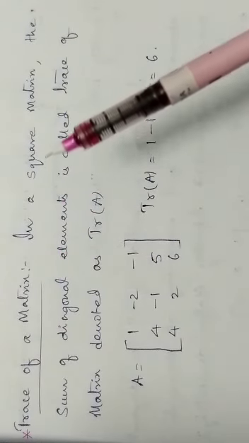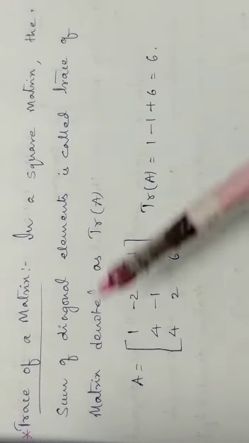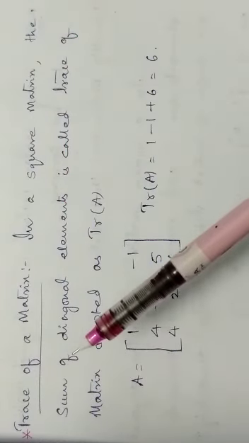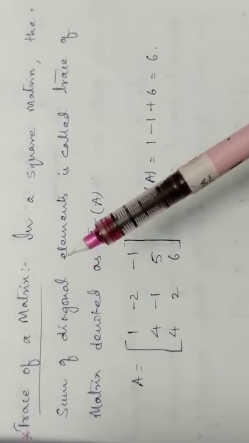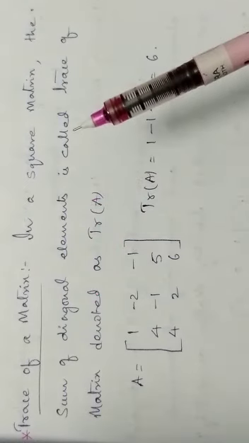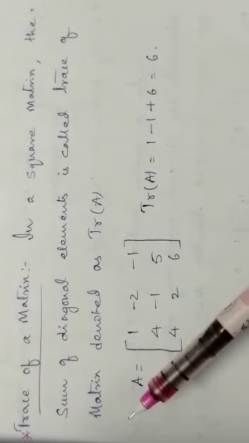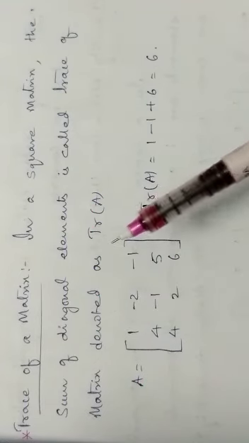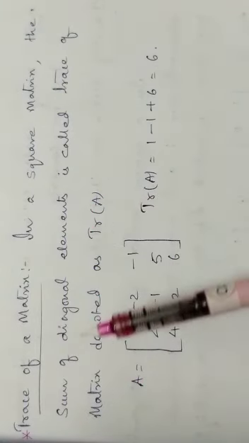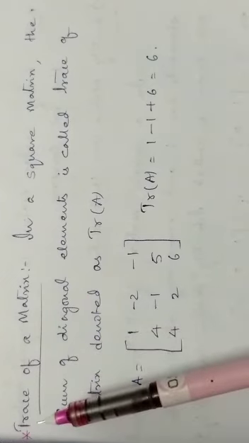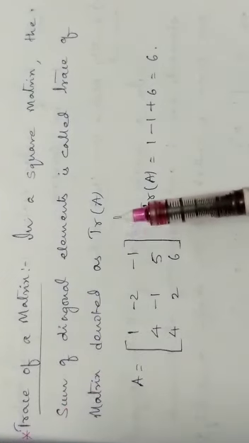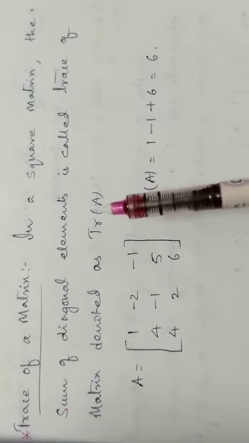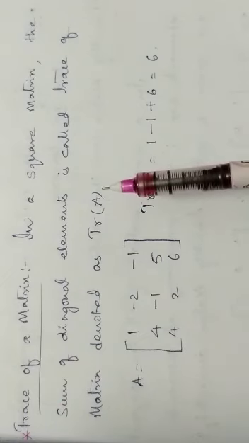In a square matrix, the sum of diagonal elements is called trace of matrix, denoted by the first two letters, trace, TR. So TR of A.